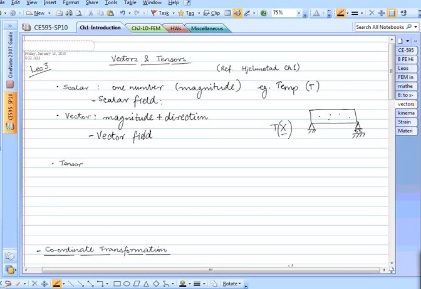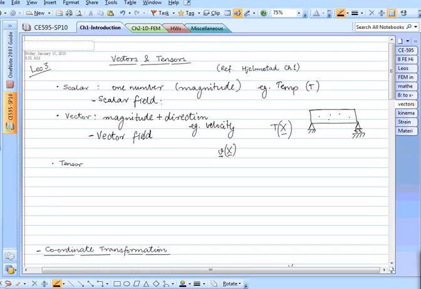Obviously, if you try to measure the flow in a pipe or a flow in some sort of a body, then each and every point will have its own velocity. The entire body need not have the same velocity, right? So velocity is an example of a vector, and a velocity field if you measure it at different points in the domain.